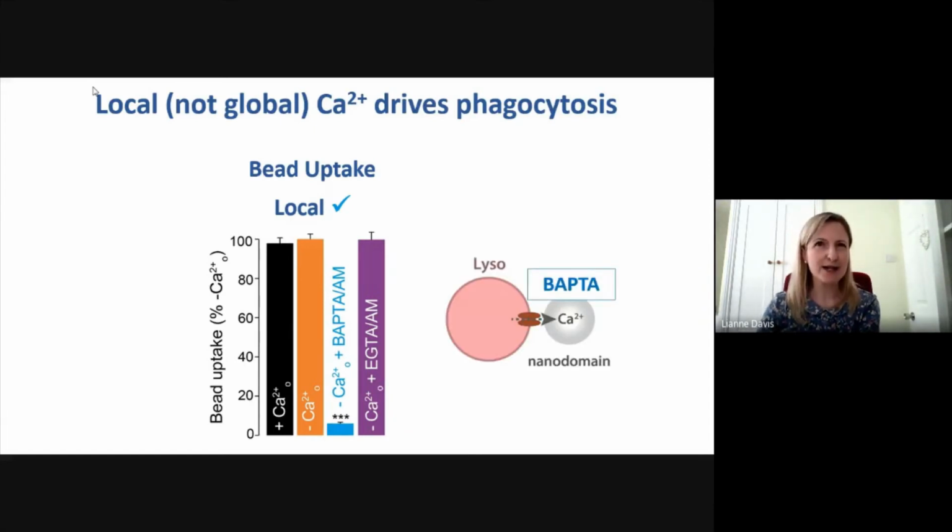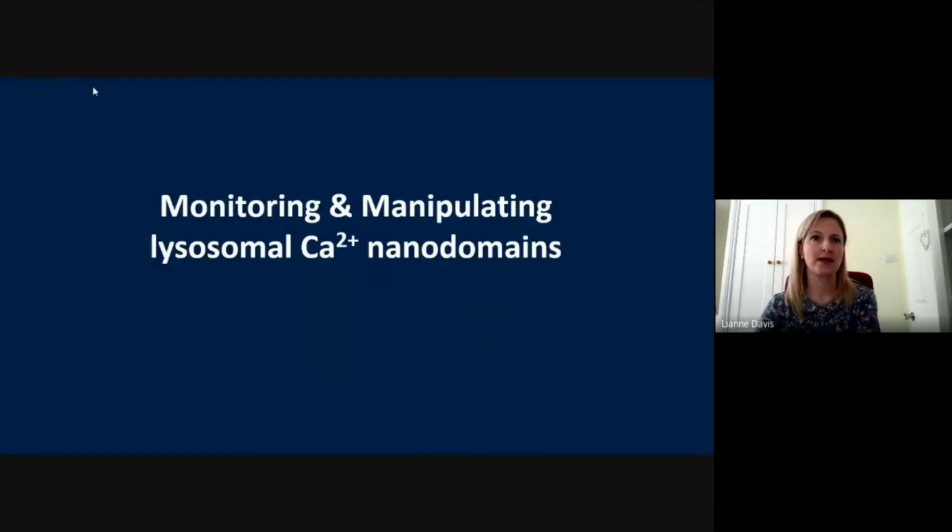However, this does not tell us where these domains are generated. So we gained evidence for their existence and their importance. And for this, we needed lysosome-specific strategies. Therefore, we used complementary approaches of monitoring and manipulating lysosomal calcium nanodomains.